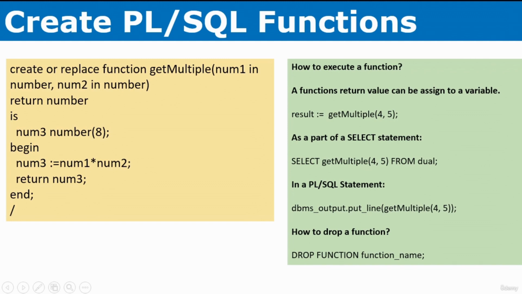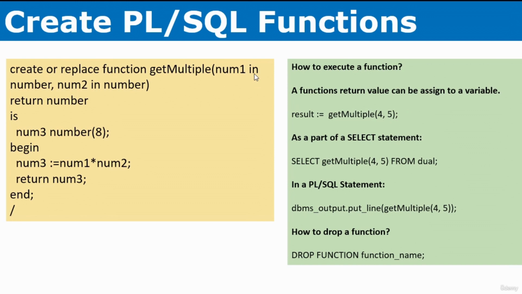So a function basically returns a value that can be assigned to a variable. So here we have a value called result, and it's going to be assigned to the function which is called getMultiple, and we are passing it the 4 and 5, which basically are the parameters.